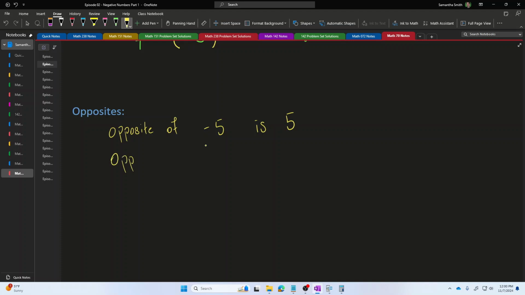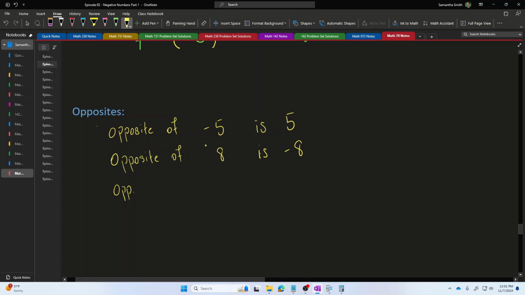The opposite of a number that's positive to begin with, for example, 8, is the negative version of that same number, negative 8. So negative numbers become positive when you take their opposite. Positive numbers become negative when you take their opposite.